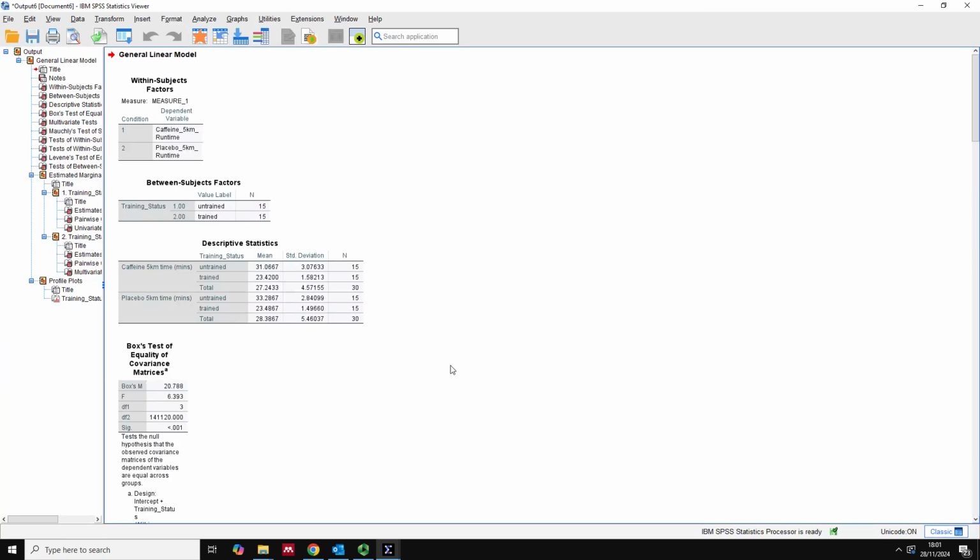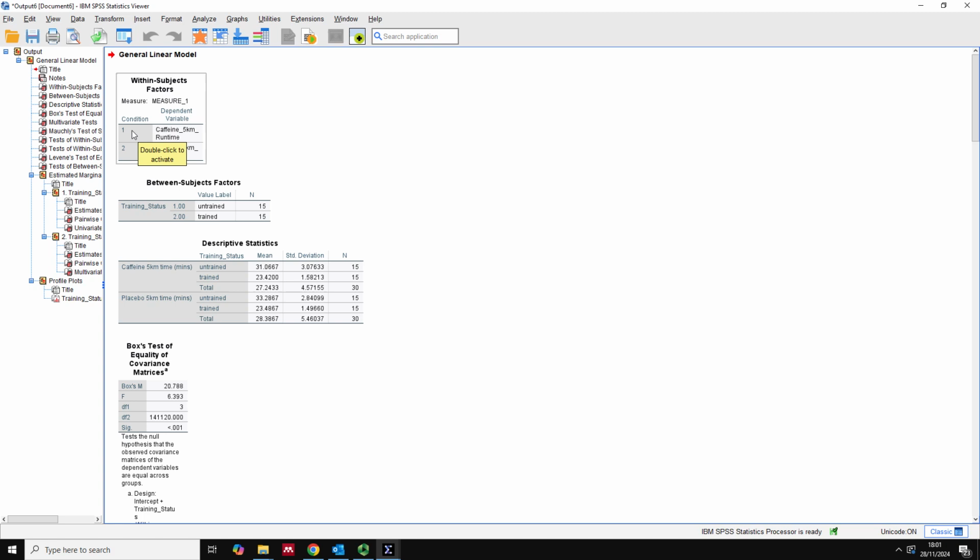And it's going to give us our output now, so we're going to look at a few different things. So the first two boxes are quite informative because one, it will tell us about different variables and what numbers they're associated with, which is going to help for our interpretation, but it's also going to let us know if the number of data points matches up with what we're expecting.